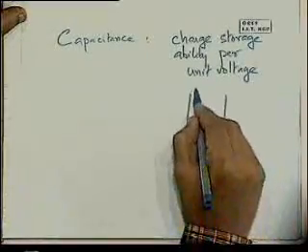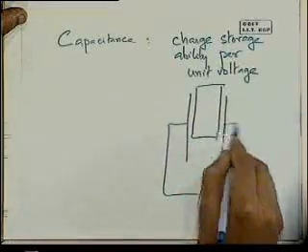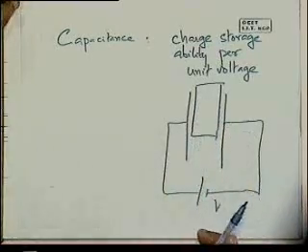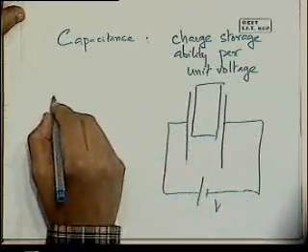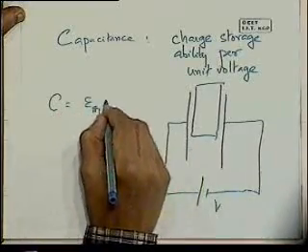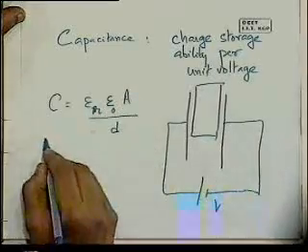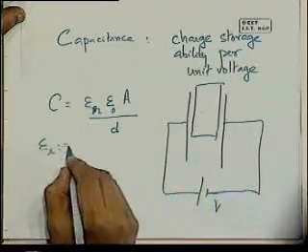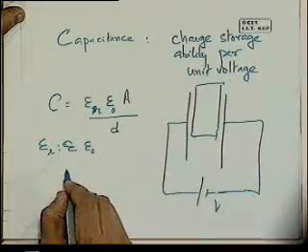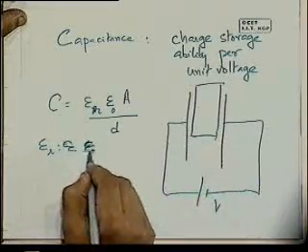I'm not going to draw the details, but in cross section it will look like this, and it's of course still connected to our voltage source, which is applying voltage V. And this has got the ability to store charge, and when we insert that there, then our capacitance changes so that it is now epsilon R epsilon naught A by D, where epsilon R is equal to epsilon by epsilon naught, sorry.